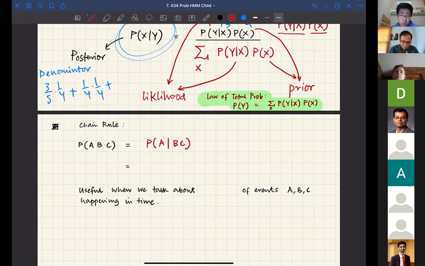What is P(A given BC)? P(A given BC) is nothing but P(ABC) divided by P(BC). You agree? This is what P(A given BC) is. So P(ABC) must be P(A given BC) times P(BC).